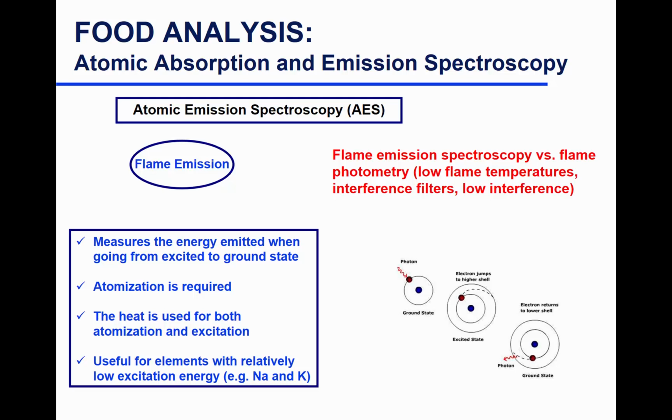Now, this does not apply for all of the elements. It can only be used for elements that require relatively low excitation energy, such as sodium and potassium. So sodium and potassium are often analyzed with flame emission spectroscopy because the flame is enough to not only atomize but to excite the atoms.